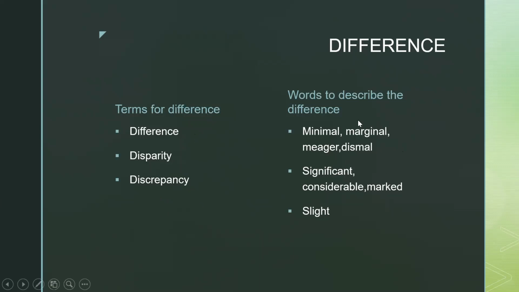And please try also to describe what kind of difference your figures illustrate, or what kind of difference they demonstrate. Is it minimal? Is it marginal, meager, dismal? When you say minimal, marginal, meager, dismal, it means it's just slight.